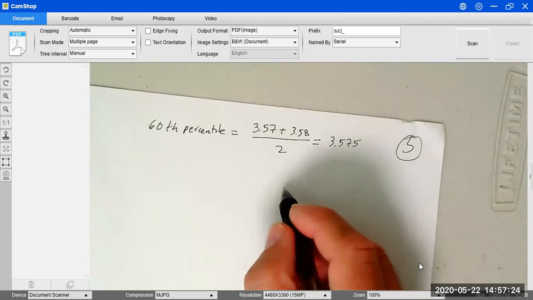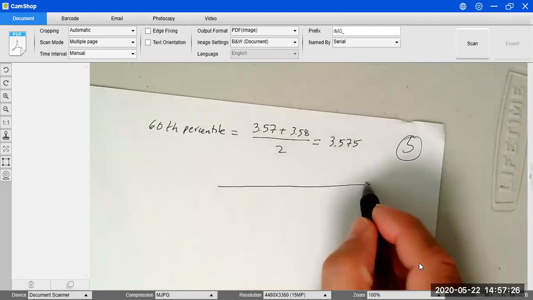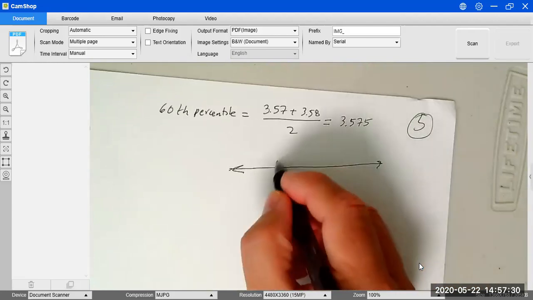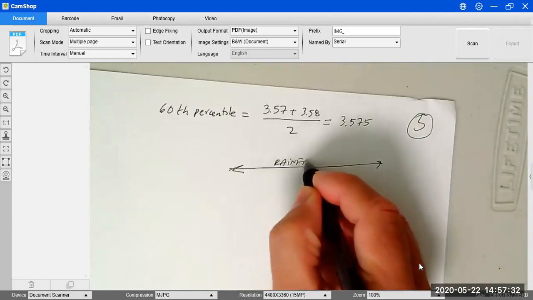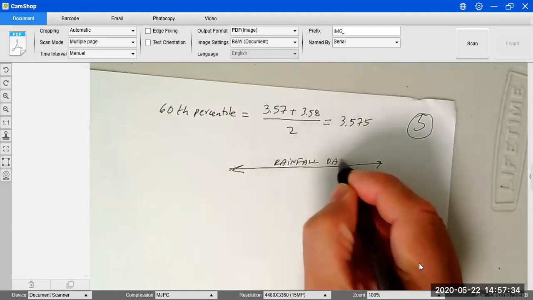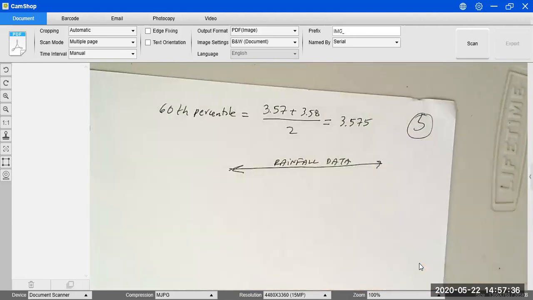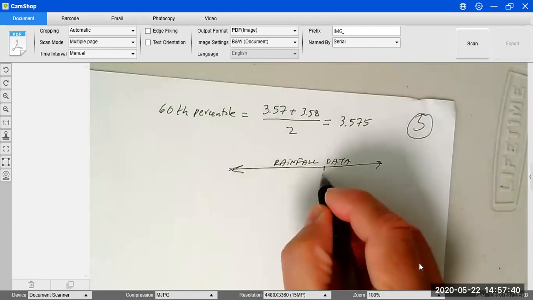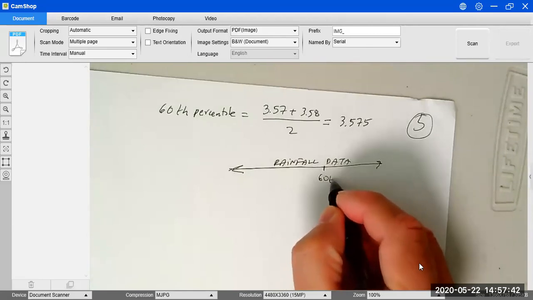So if you have the data set in order, this is the entire data set. This is the rainfall data. And this is the 60th percentile.